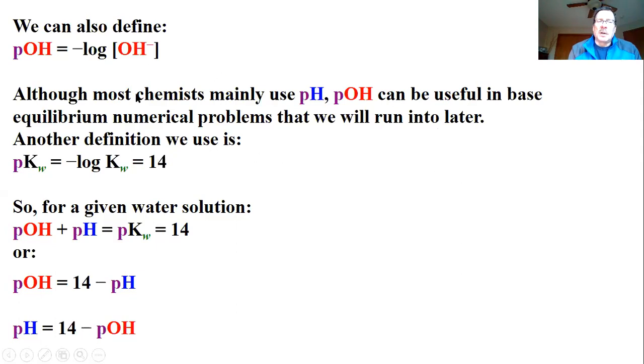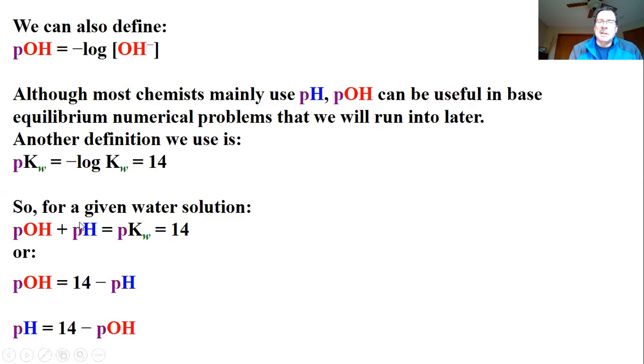We're not going to work on that a whole lot, but here the big idea is this. Hydrogen and hydroxide are always in equilibrium. And we know that if I took the negative log of the equilibrium constant, 1 times 10 to the minus 14th, for the whole dissociation reaction, I get the number 14.